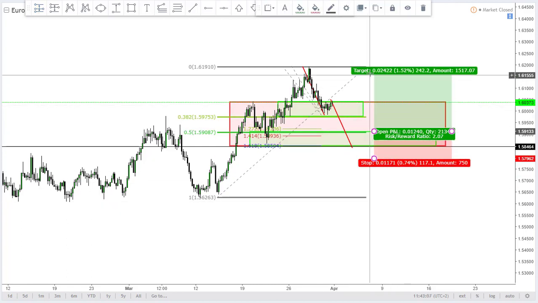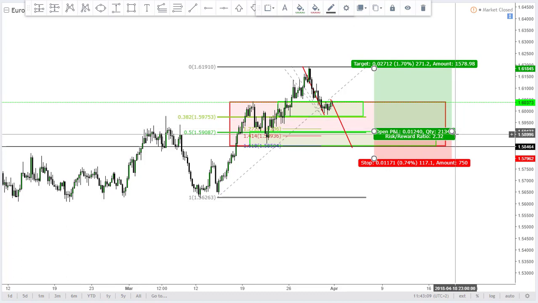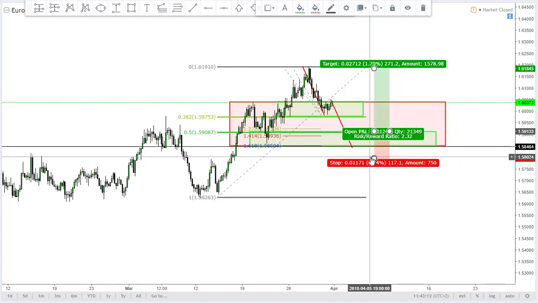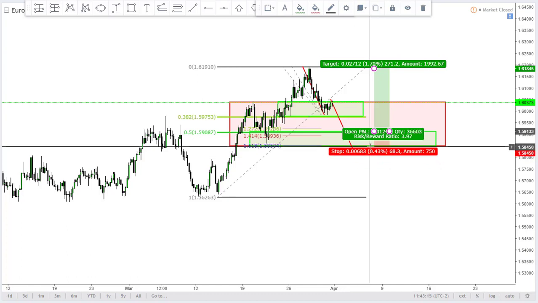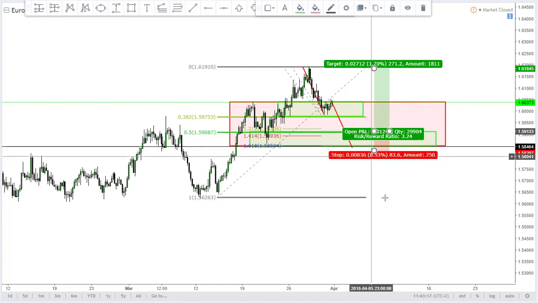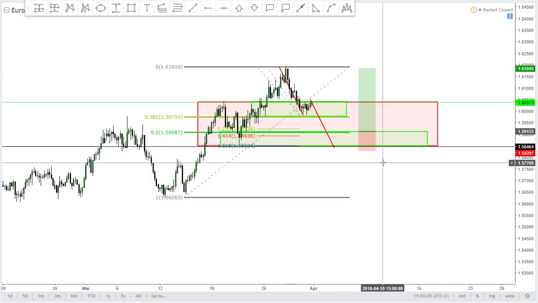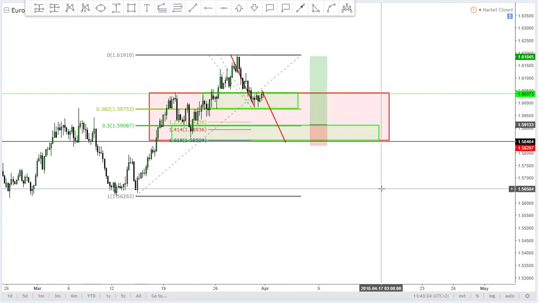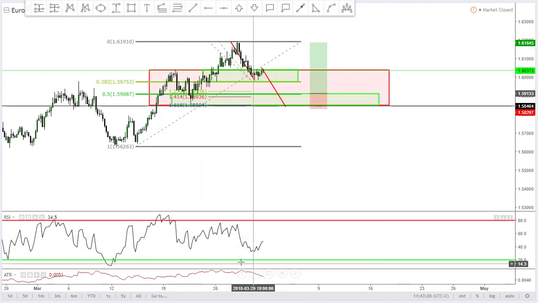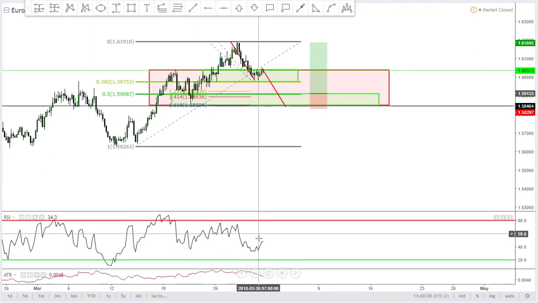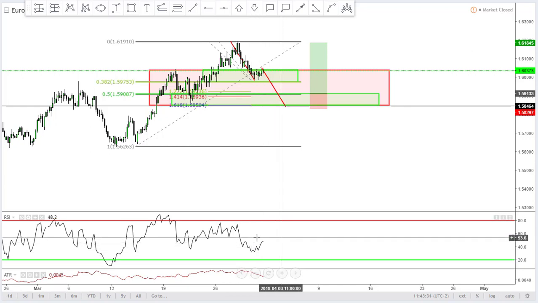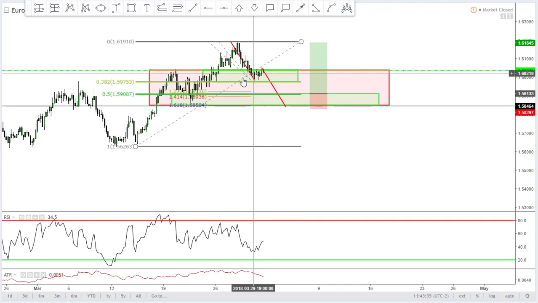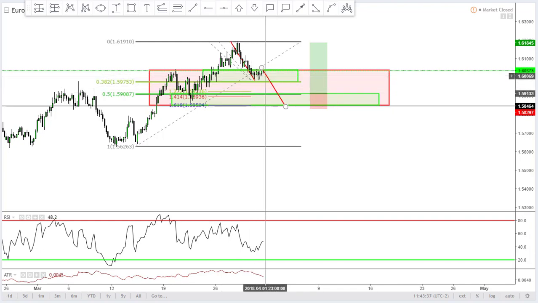You would notice our targets would be 271 pips, which is over the long run, and a risk of probably 60 to 80 pips on this particular trade. And on my RSI, when I bring my RSI back, you would notice we haven't yet been oversold, which gives me a sign that price still has room to be exhausted.